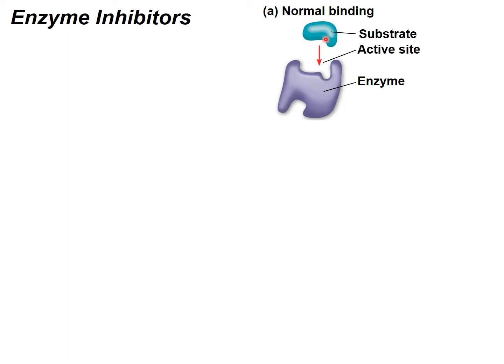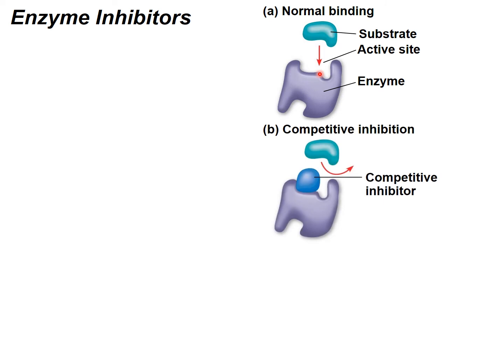This is a normal substrate for this particular enzyme. You can see it fits right in there nicely. We've got this little notch here that fits right into that little indentation. So this is the enzyme in its normal shape and the substrate. It fits perfectly. That's normal binding, and that's what would happen in the normal case.